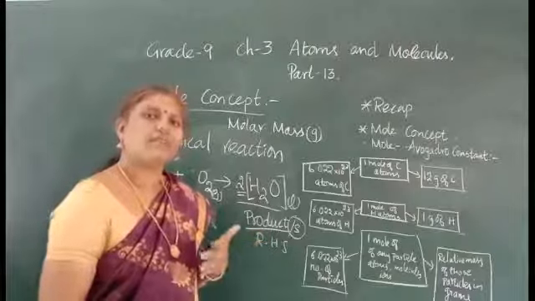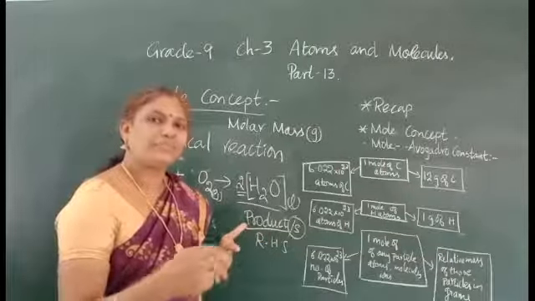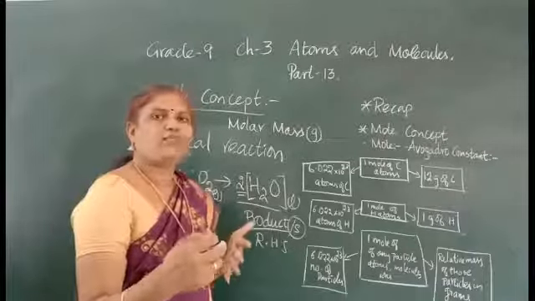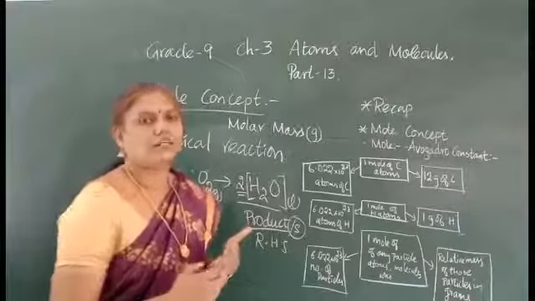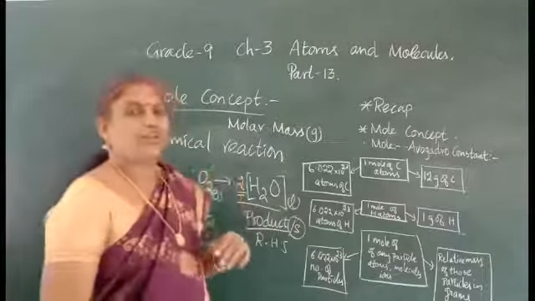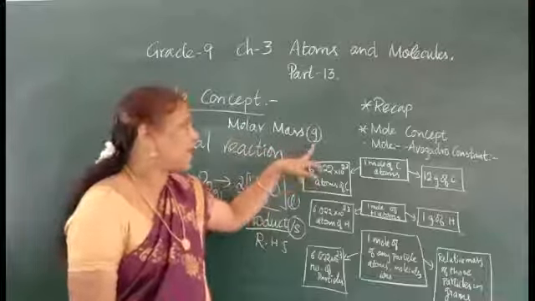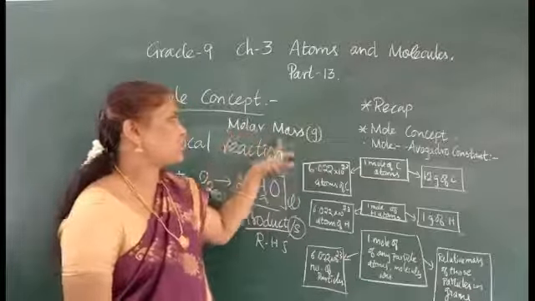The sum of atomic masses of all the atoms present in a formula unit is formula unit mass, for an ionic compound. When you find the same and write it in grams, it is called molar mass.